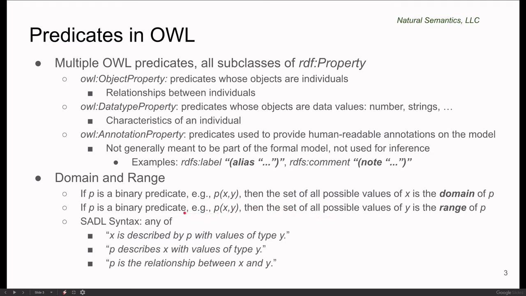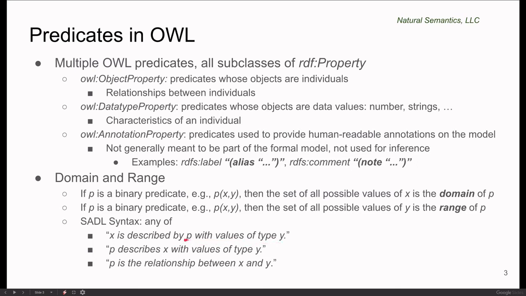In SADL syntax, we can declare the domain and range of a predicate in several different ways. Using again the predicate P with domain x and range y, we can say in SADL x is described by P with values of type y.